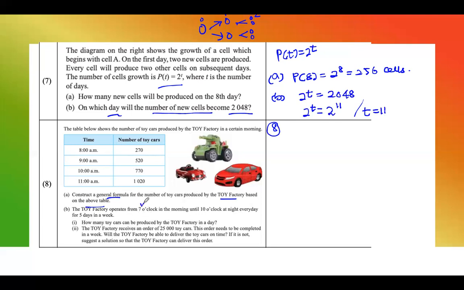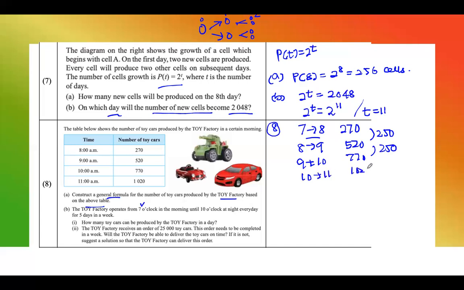If we start at 7 o'clock, then from 7 to 8, 1 hour, we produce 270. From 8 to 9, we produce 520, so the difference is 250. Then 9 to 10 is 770, so the difference is also 250. So you can see here, 10 to 11.